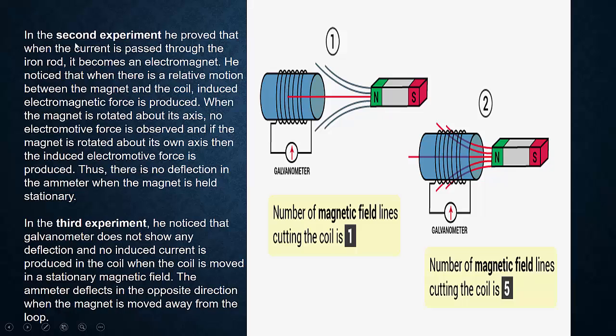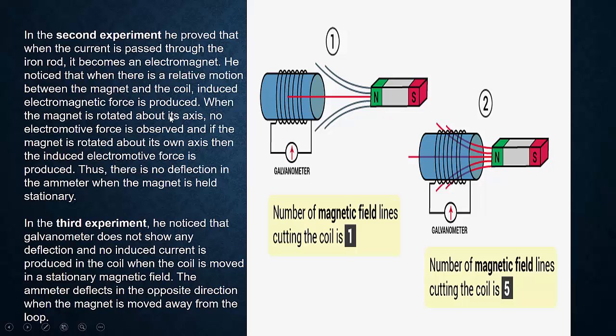Now, in Faraday's second experiment, he proved that when current is passed through an iron rod, it becomes an electromagnet. He noticed that whenever there is relative motion between the magnet and the coil, here is a magnet and here is a coil, whenever there is relative motion, induced electromotive force is produced.